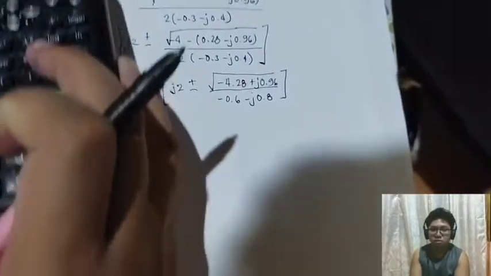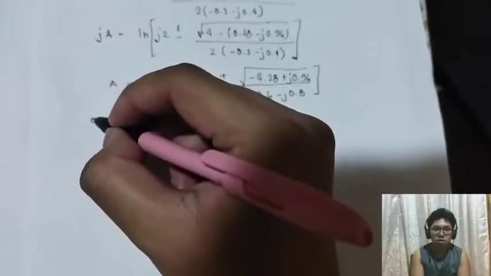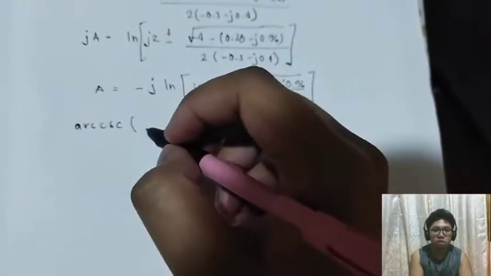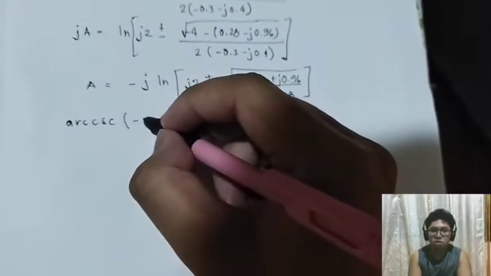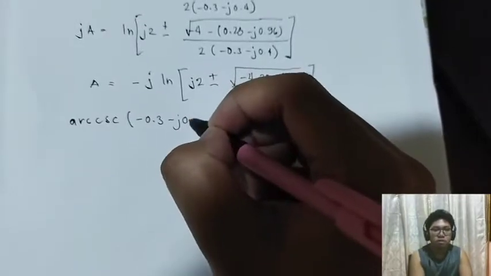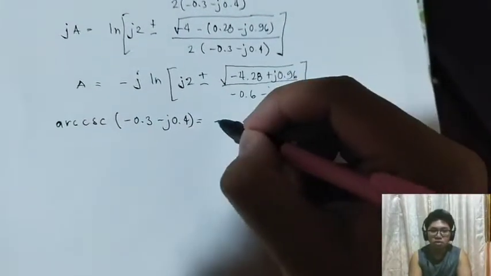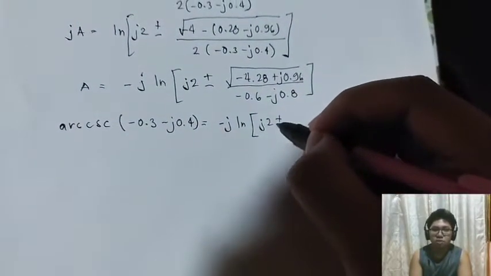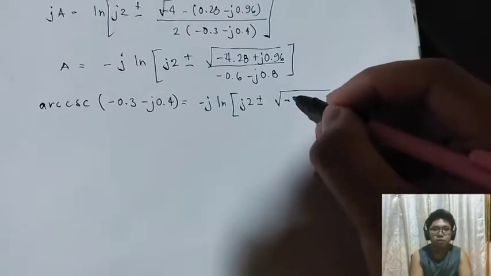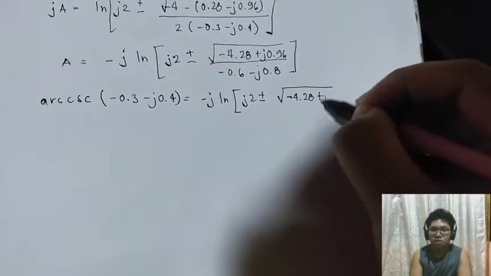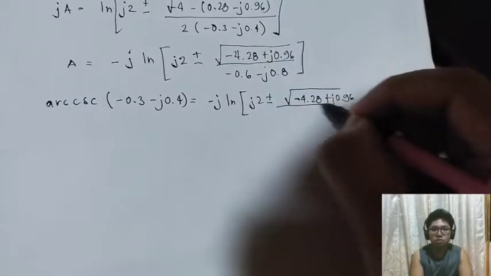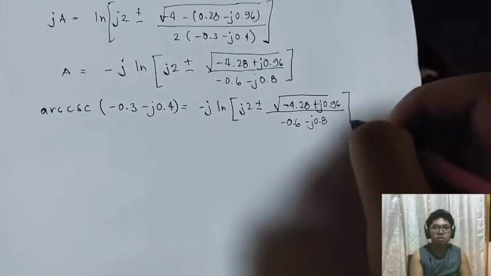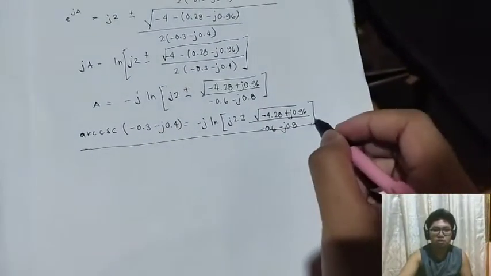And now the value for the arc cosecant of negative 0.3 minus j 0.4 is now equal to negative j ln of j2 plus minus the square root of negative 4.28 plus j 0.96 over negative 0.6 minus j 0.8. That is our final answer.